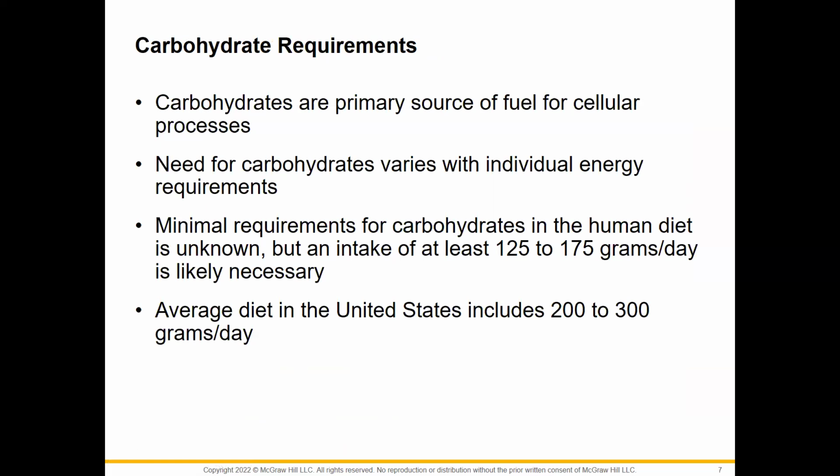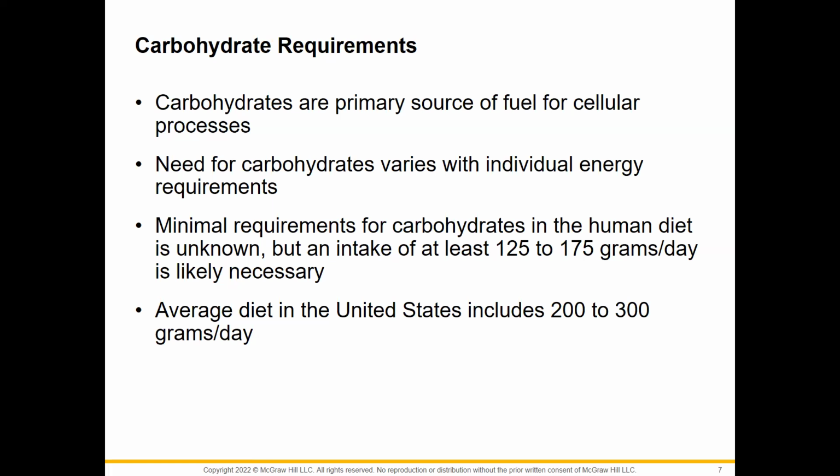Carbohydrate requirements. Carbohydrates are your primary source of fuel for your cells to work. You need carbohydrates in varying amounts depending on your unique chemistry. It also depends on the stage of development you're in and how much energy you produce.